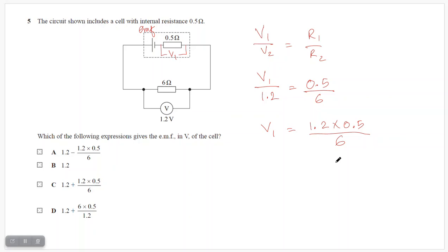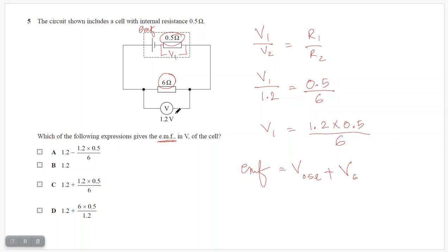But that's not what the question asked you to find out. The question asked you to find out the EMF, right? And you all know these two are connected in series. So what happens is this EMF is shared between 0.5 and this 6. So EMF would be equal to potential difference across 0.5 ohm resistor and potential difference across 6 ohm resistor, right?